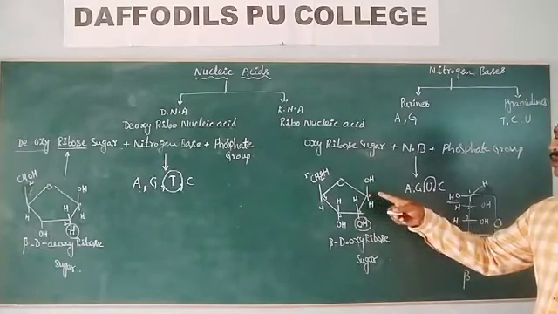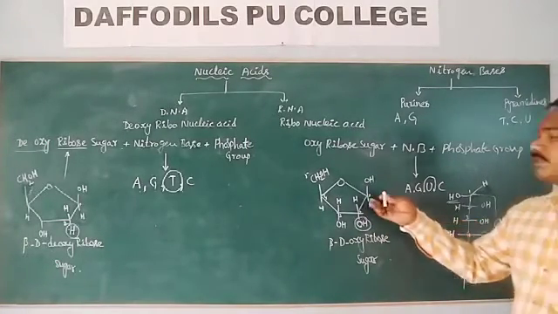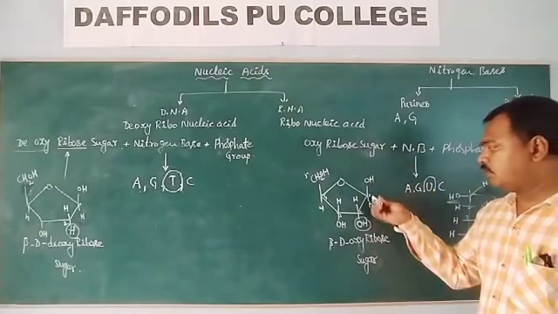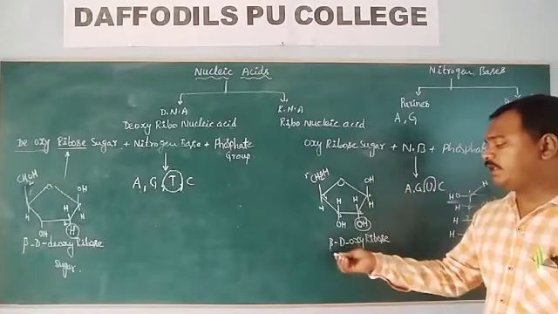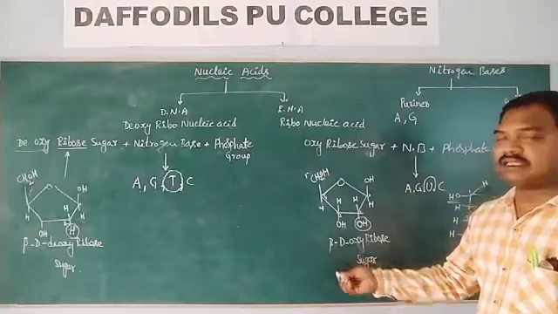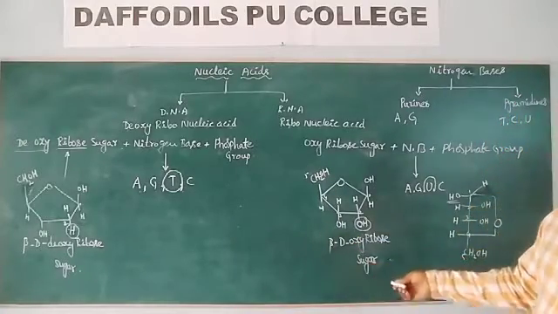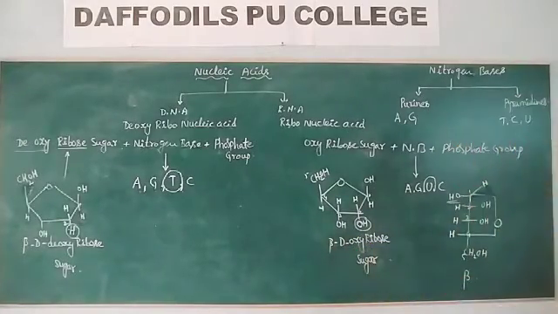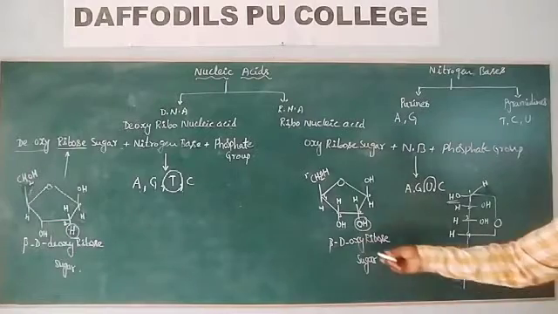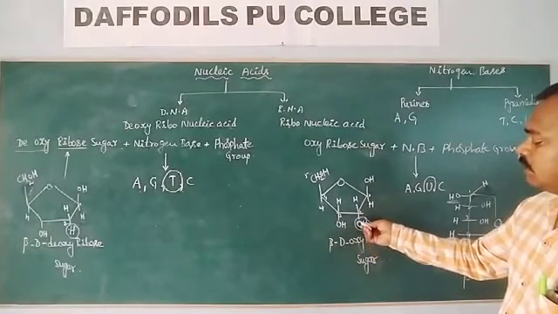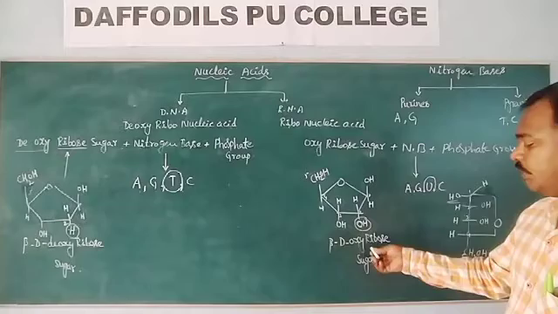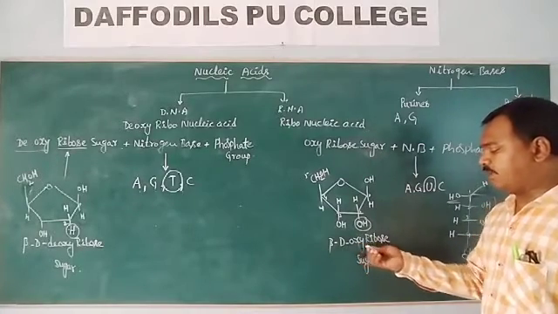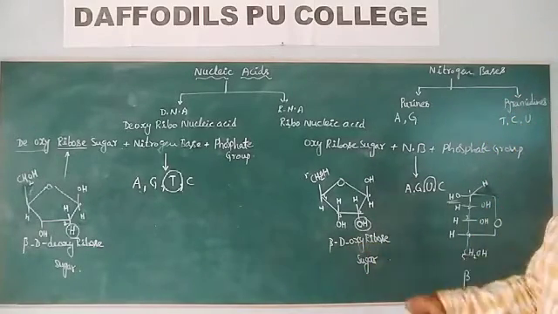In this Haworth structure, the OH group is present above the plane. When the OH group is present above the plane, you have to write that as beta. So beta D ribose, or simply beta D ribose sugar.